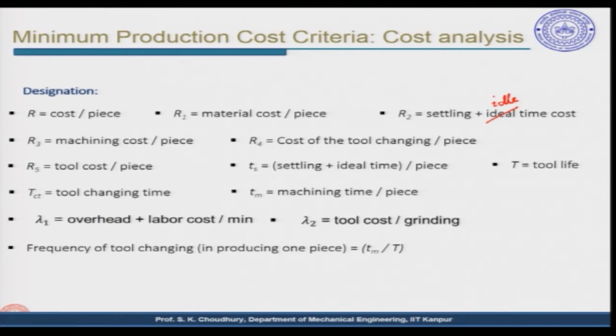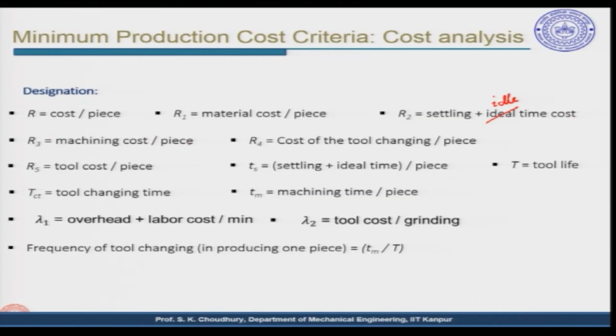Like, one pass has gone, and in between if the parameters have to be changed, then the machine does not work, but that time also has to be considered. So that is called the idle time. So this is R2, which is setting plus idle time cost.